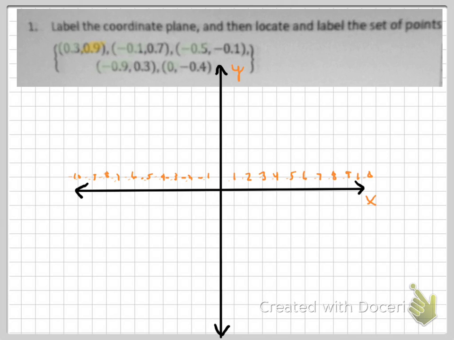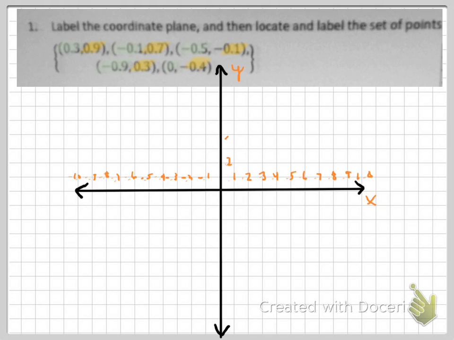I've got a 0.9, 0.7, negative 0.1, here's a 0.3, and a negative 0.4. So again, it looks like the same scale will work nicely. My largest absolute value is 0.9, so we're going to do the same thing. I'm going to skip every other this time, so 0.2 is there.